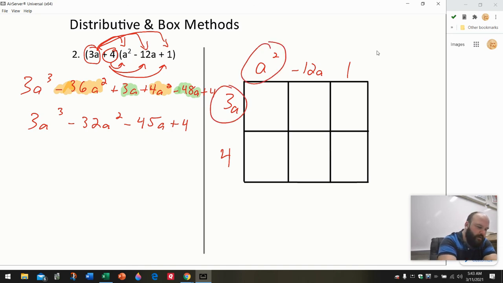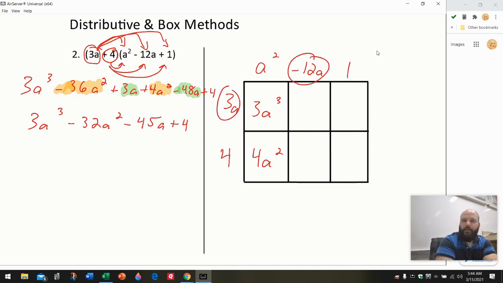A squared times 3a gives me 3a to the third. A squared times 4 gives me 4a to the second. Then we have negative 12a times 3a. That gives me negative 36a to the second. It's a little tricky.